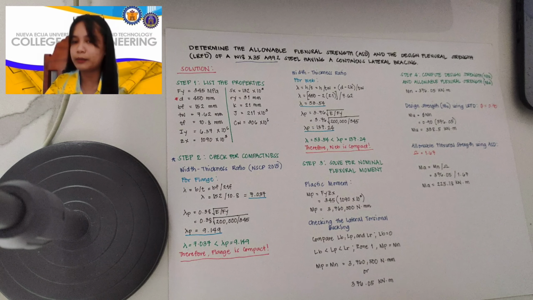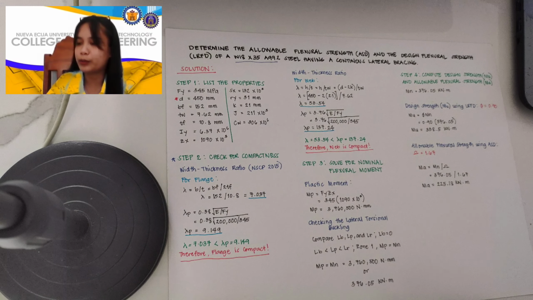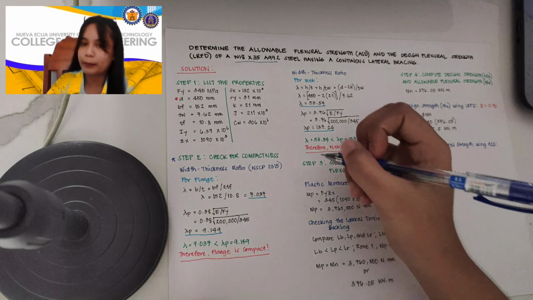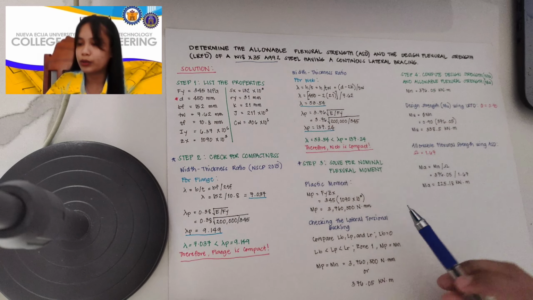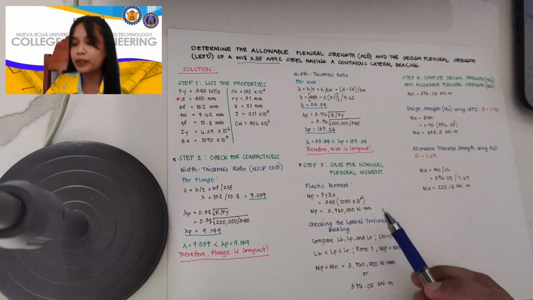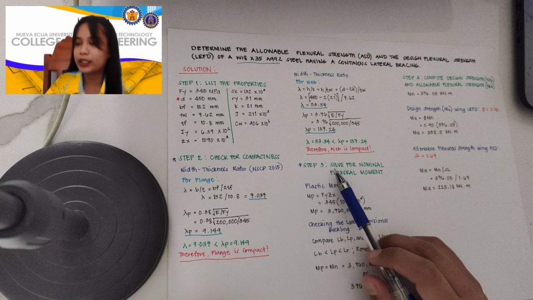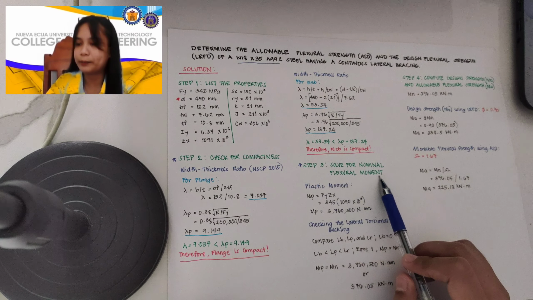After natin maklasify na compact yung both the flange and the web, we may now proceed to step number 3. Step number 3, solve for the nominal flexural moment.